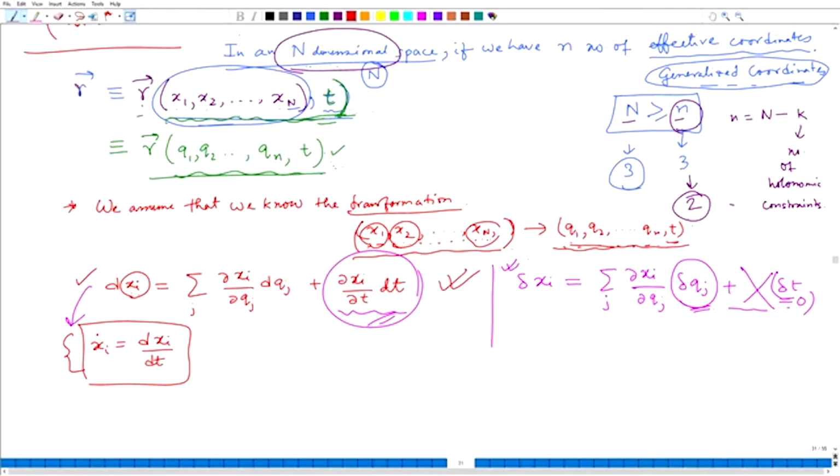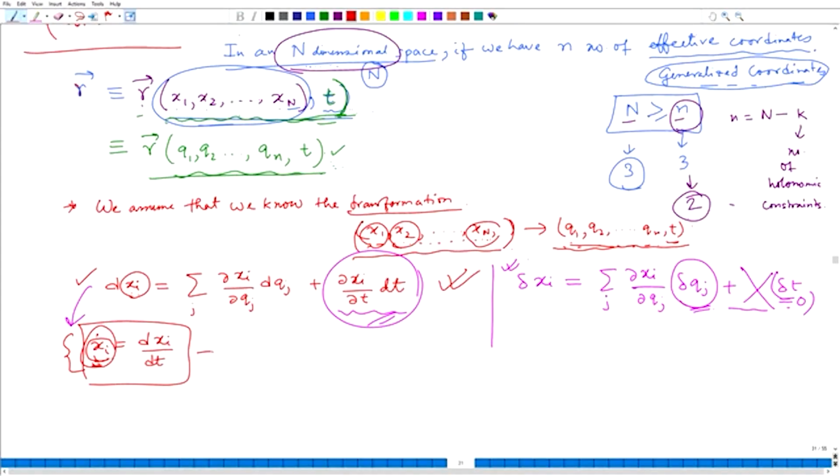If you want to find the x component of velocity, it will simply be given by the ith component of the velocity in the Cartesian coordinate system, which is the dot of the ith generalized coordinate directly, without carrying the unit vector.